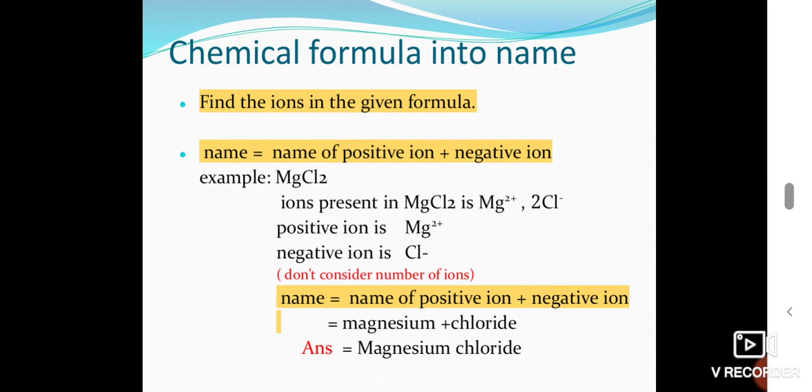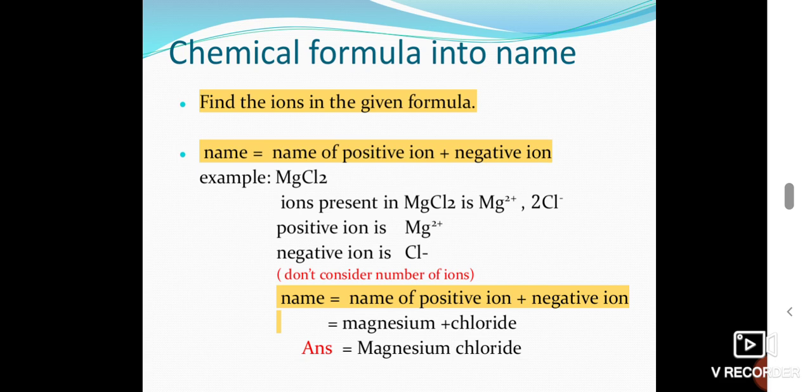First we have to find what ions are present in the given formula. We know that an ionic compound is made up of positive and negative ions. So first we find out what positive ion and what negative ion is present in it. First step, find the ions present in the given chemical formula.